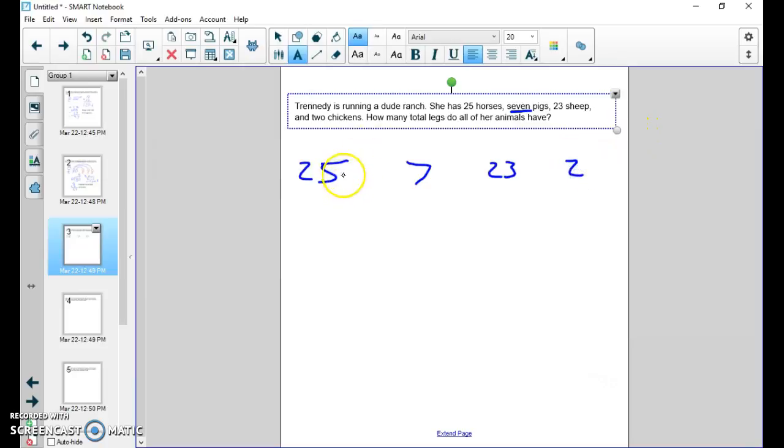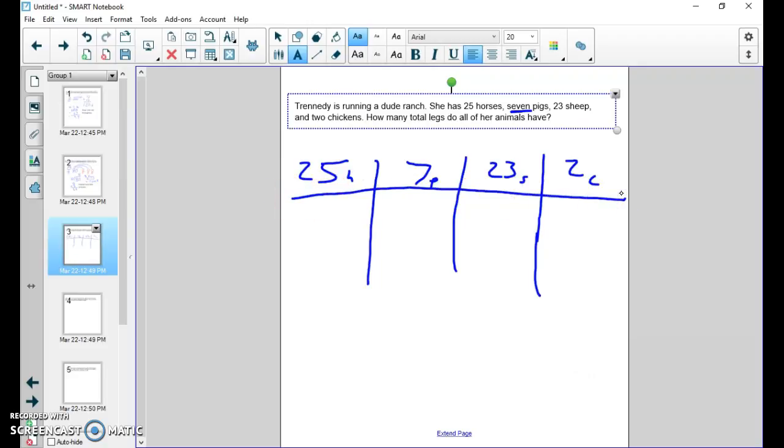I'll put a letter to help label this. So this is 25 horses, 7 pigs, 23 sheep, 2 chickens. Okay, and I'll try to clean up the handwriting here. As soon as I say that, of course that happens. Okay.